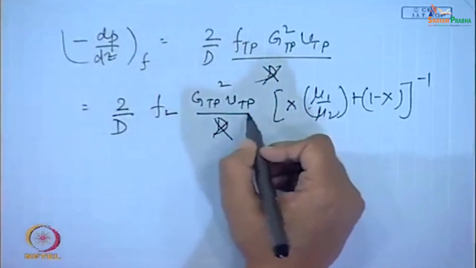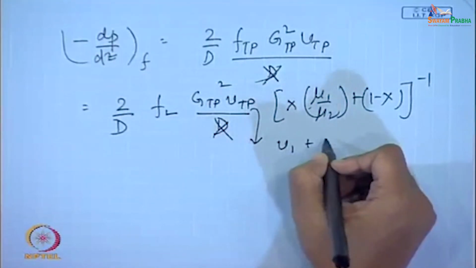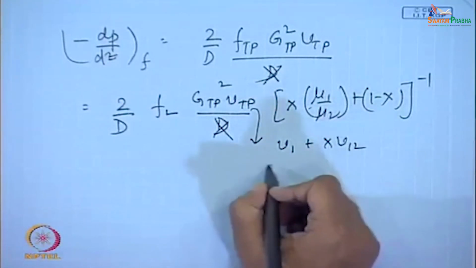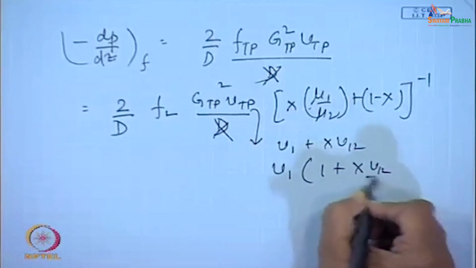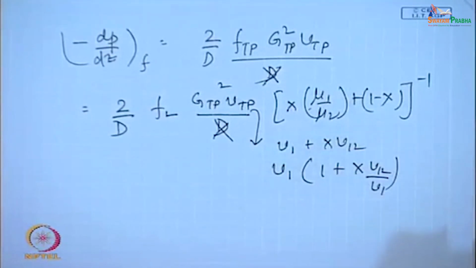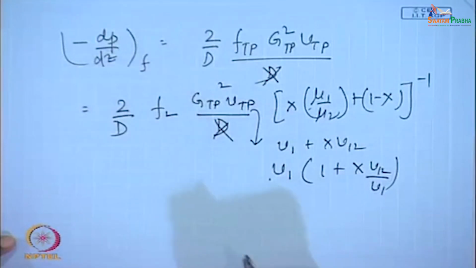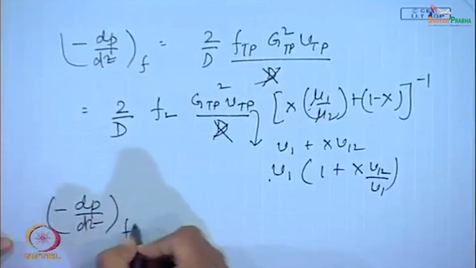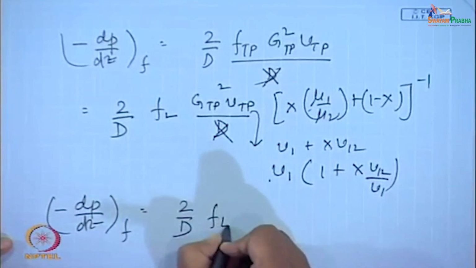And this VTP is again nothing but, as I had expressed it, V1 plus x V12, isn't it? Or in other words, it can be V1 into 1 plus x V12 by V1, right. So, if we substitute again this in terms of the two phase specific volume, then we get the frictional pressure gradient as 2 by d FL.